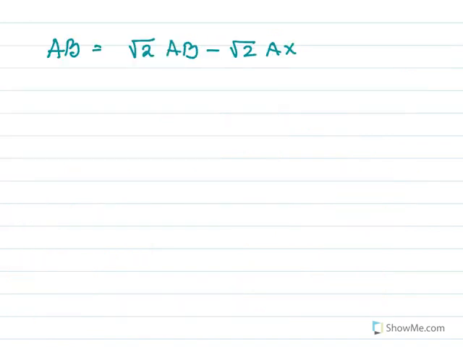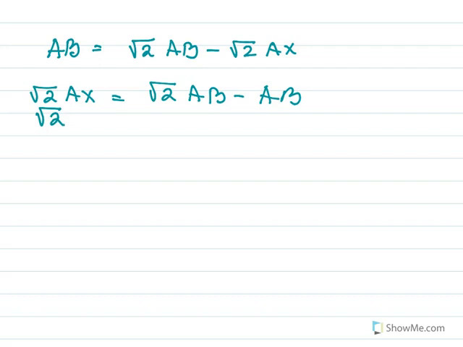This is what I got. So I'm going to take this term on the other side. So it's going to become root 2 AX equal to this. I change the side, so this is root 2 AB minus AB. So root 2 AX, I'll take AB common out. So what remains inside is root 2 minus 1.